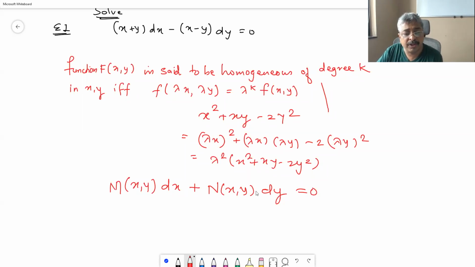Every differential equation you can write like this. We call it a homogeneous differential equation provided the degrees of M of x comma y and N of x comma y are the same, and therefore there is a method by which we can solve it. Practically, this thing gets cancelled when it gets into ratio form, and the idea to deal with it is simple.